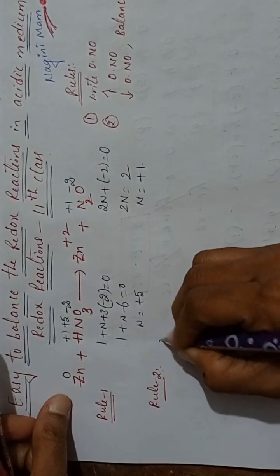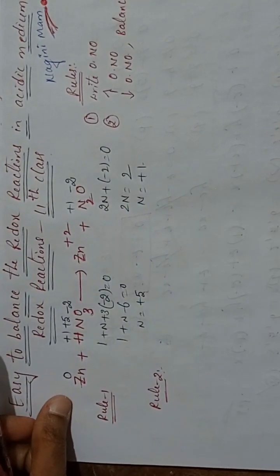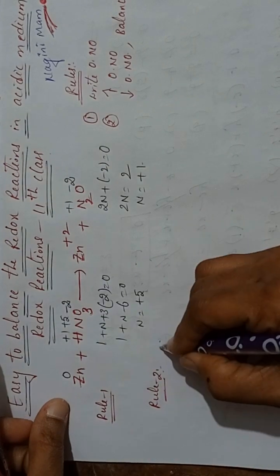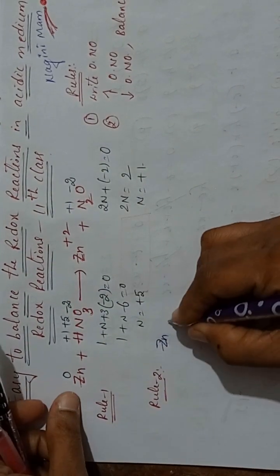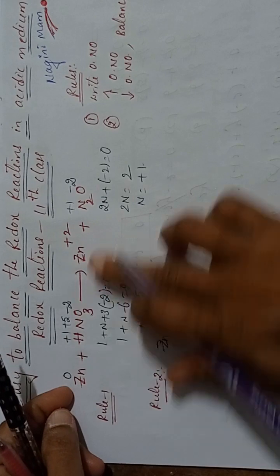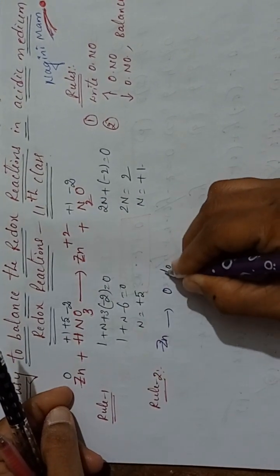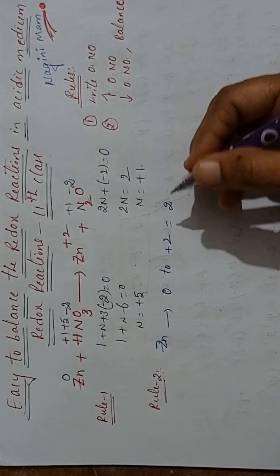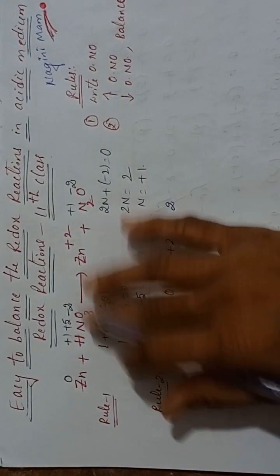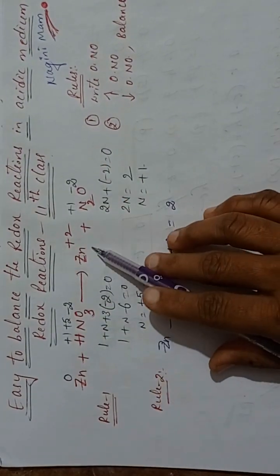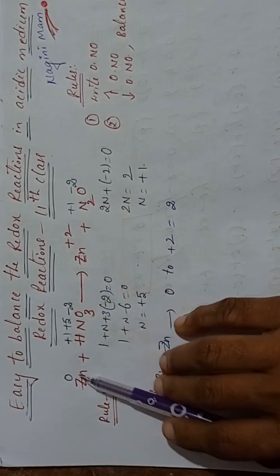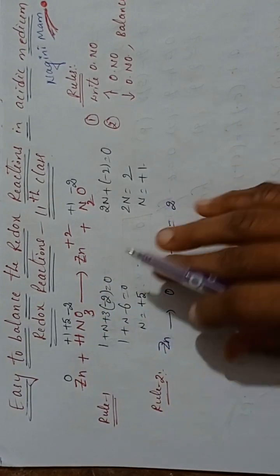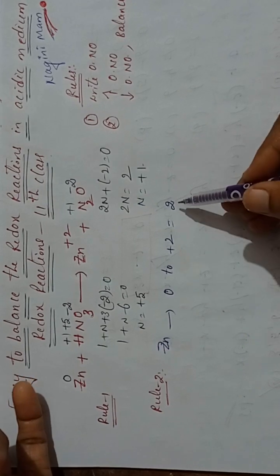Here the oxidation number changes from 0 to plus 2, that means the oxidation number is increased. How much increased? 2 increased. That is the oxidation reaction. Here 1 zinc atom and here also 1 atom, so as it is you keep it. How much increased we wrote.